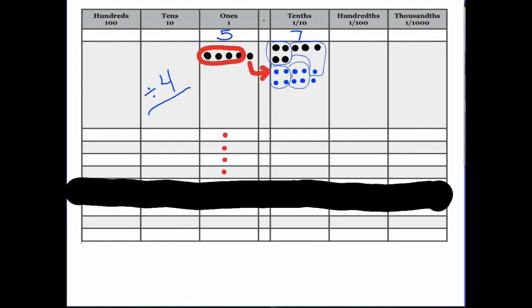How many sets of 4 do I have right now? Number 4. So how many dots am I going to put in each line? Number 4.